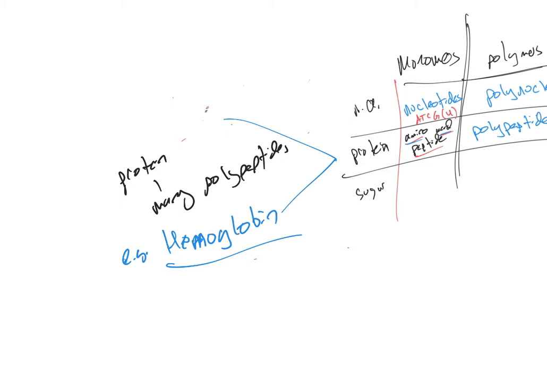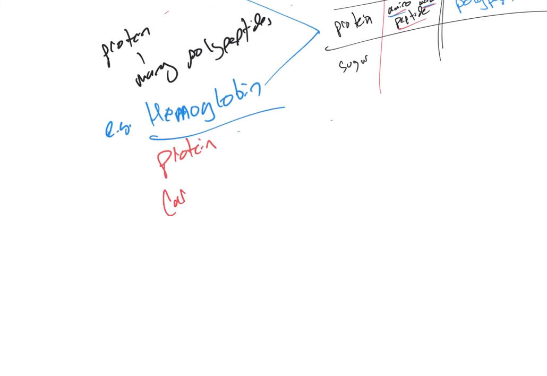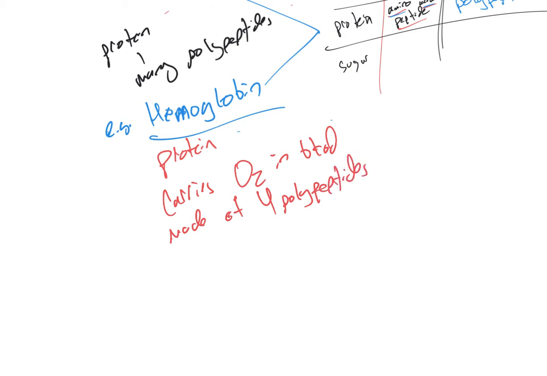Hemoglobin, it's a protein. What does it do? It carries oxygen in the blood. It's made of 4 polypeptides. Now, one protein can be one polypeptide, or a protein can be made of many polypeptides. A polypeptide just means many amino acids.